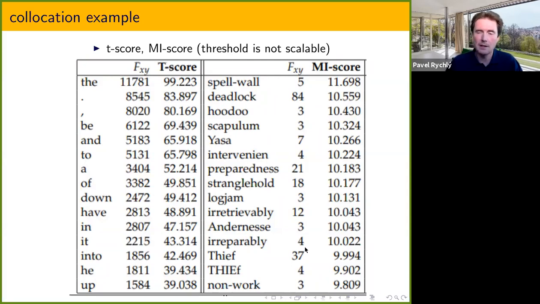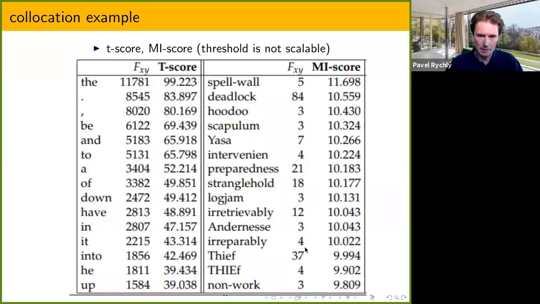So if we somehow fine-tune the MI score so that the threshold of 50 is good and we have good results, for a much bigger corpus we have quite different results, because the threshold is actually different.